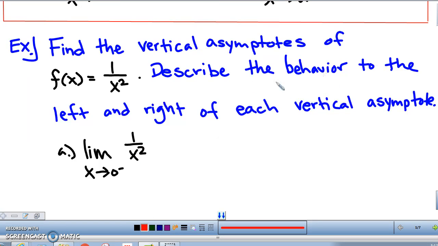Okay, because that's what this means. Describe the behavior to the left. So, from the negative side.